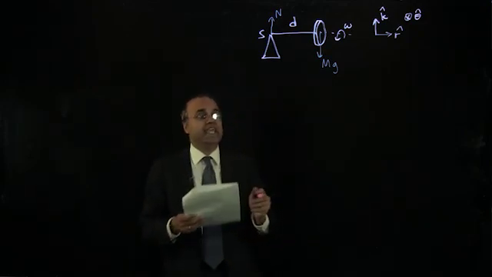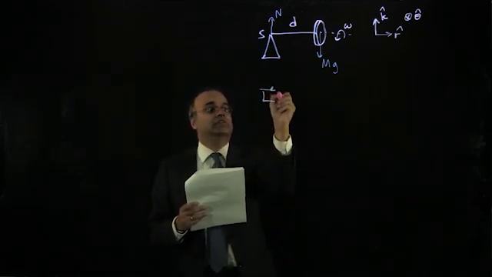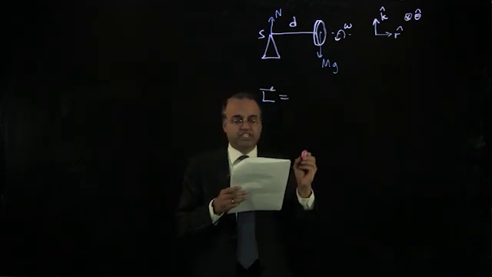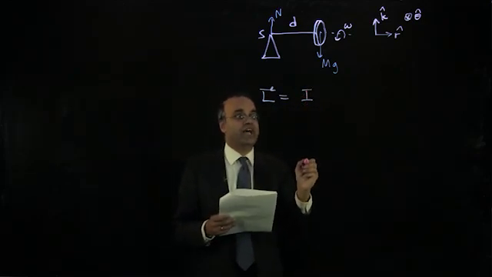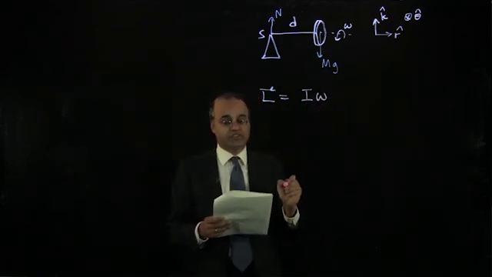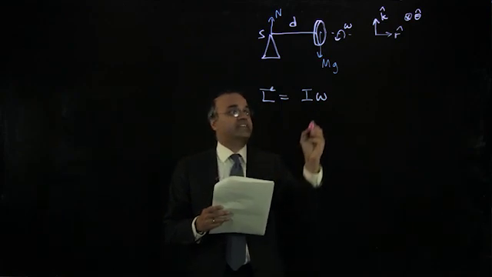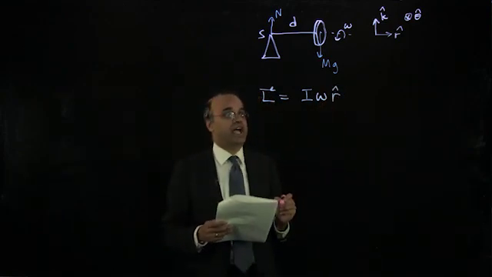So the spin angular momentum with respect to point S is just equal to the moment of inertia of the disk about its center of mass times the angular speed of the spin, and that's directed in the plus r hat direction.